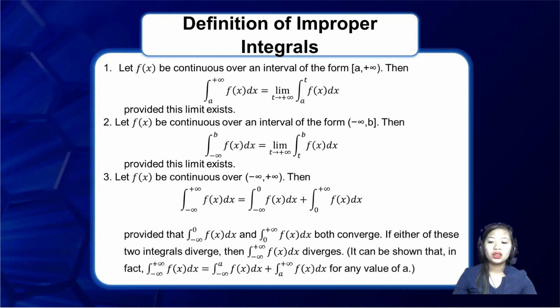It can be shown that, in fact, this integral is equal to the integral of f of x dx from negative infinity to a plus the integral of f of x dx from a to positive infinity, for any value of a.